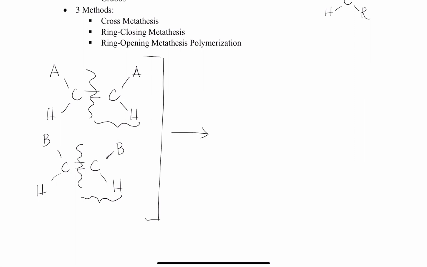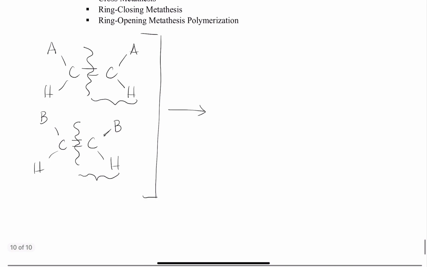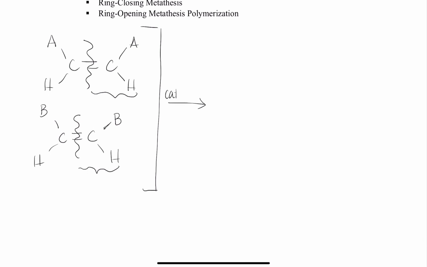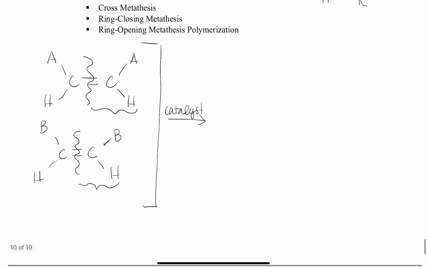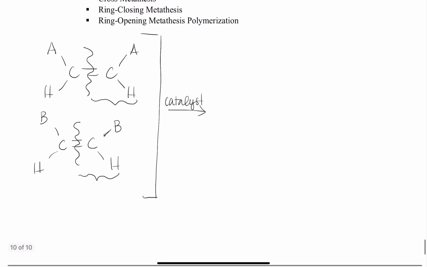Then whenever we apply either Schrock or Grubbs, one of our catalysts, the idea is that we could pick up different ends from each molecule and stick them together kind of how we want.